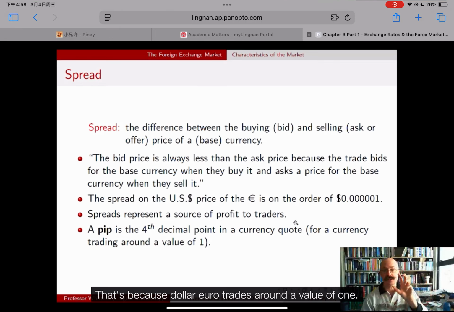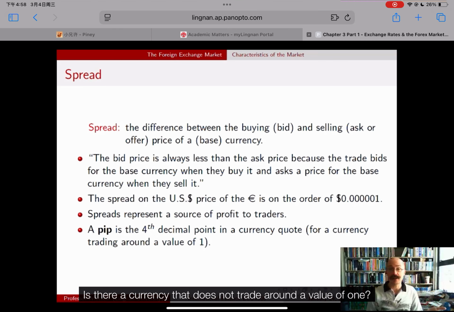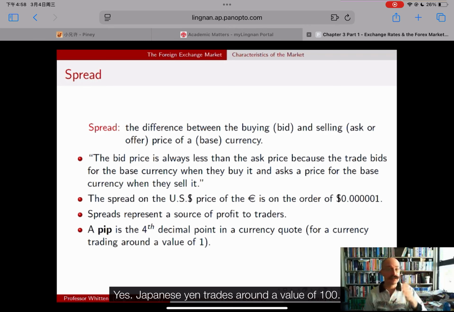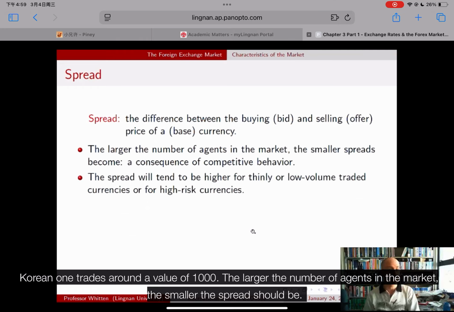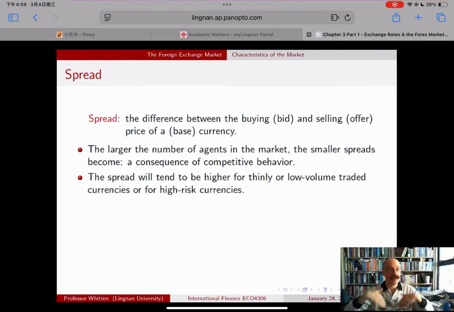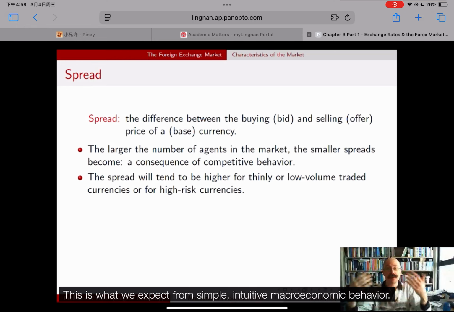That's because dollar-euro trades around a value of 1. Is there a currency that does not trade around a value of 1? Yes. Japanese yen trades around a value of 100. Korean won trades around a value of 1,000. The larger the number of agents in the market, the smaller the spread should be. This is what we expect from simple, intuitive microeconomic behavior.